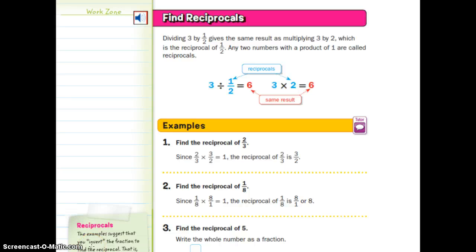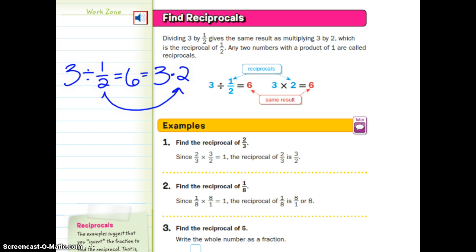Alright, so we're going to find the reciprocals of numbers. Dividing 3 by 1/2 gives you the same result as multiplying 3 by 2, which is the reciprocal of 1/2. So basically, 3 divided by 1/2 is equal to 6, which is equal to 3 times 2.